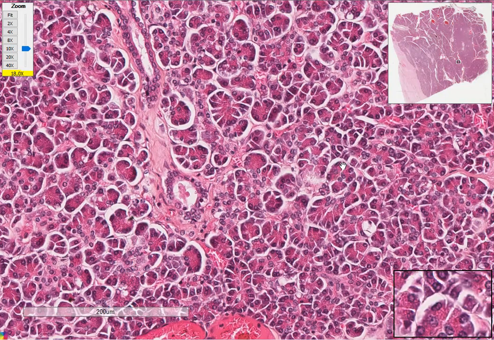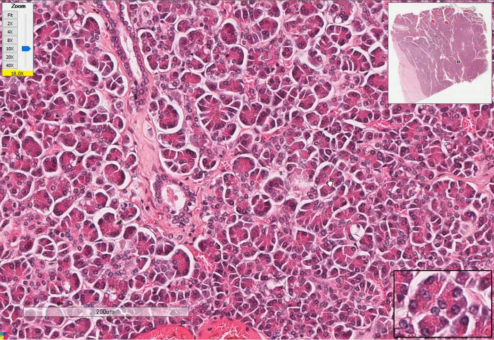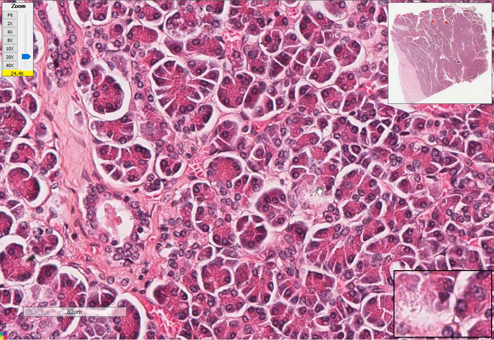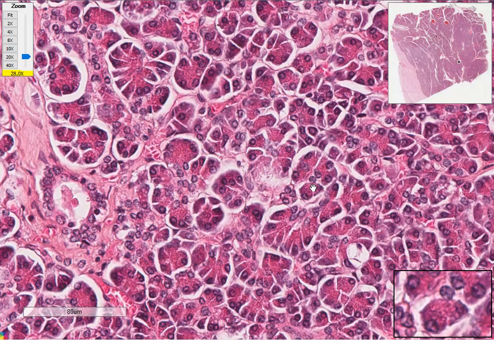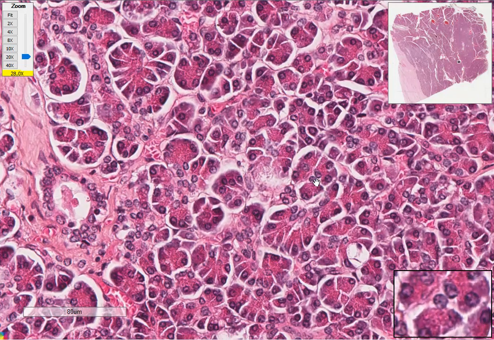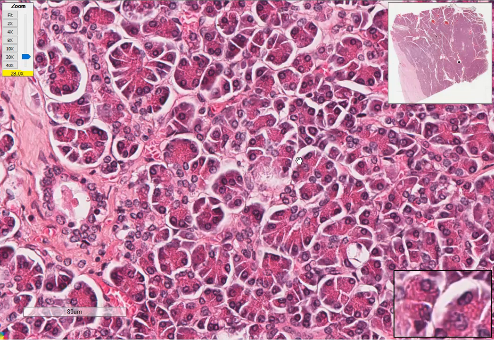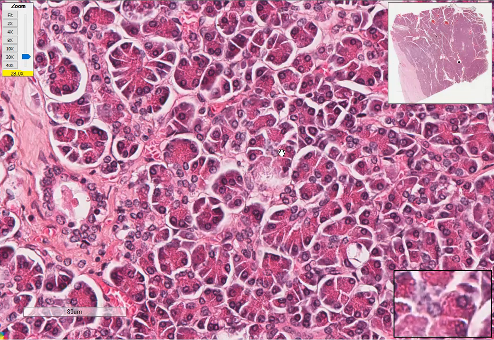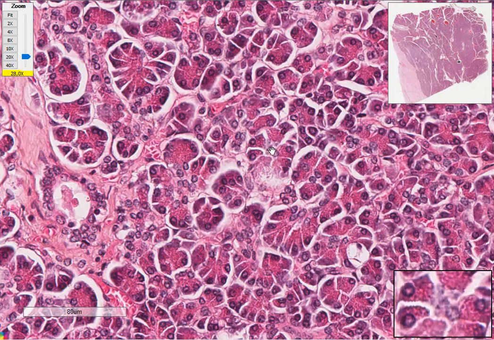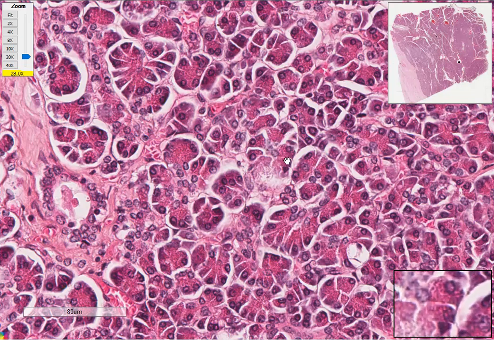So this is a central acinar cell. Some of these acinar units can have a central acinar cell like that, and it has a lighter cytoplasm as compared to the ones around.